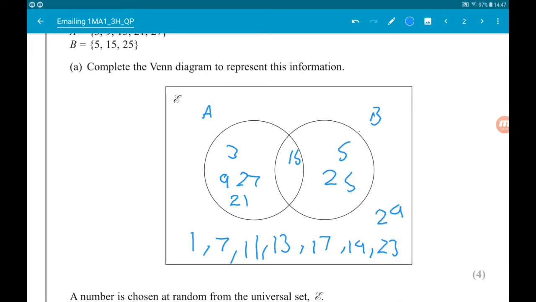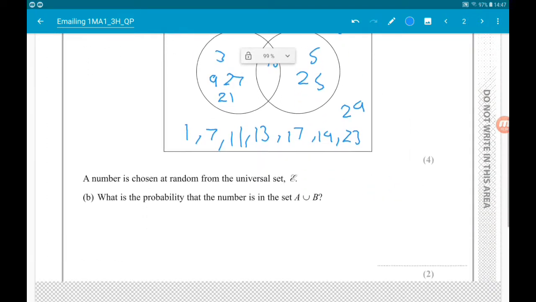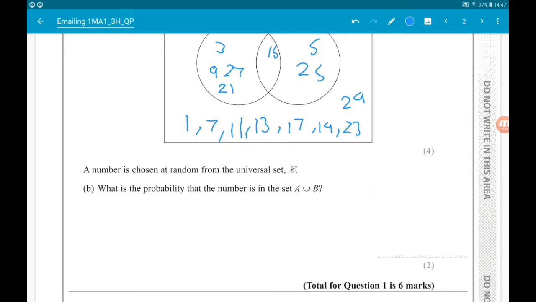Then part B says a number is chosen at random from the universal set. So one of the odd numbers less than 30 is chosen at random. What is the probability that the number is in the set A union B?